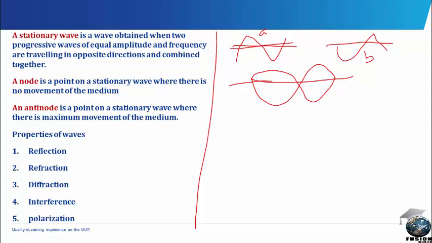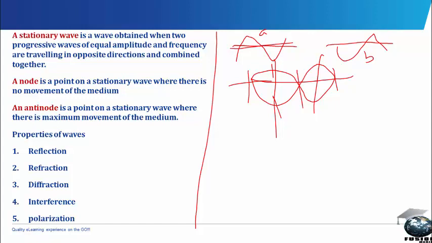A node is a point on a stationary wave where there is no movement. This is a node, this is a node, this is a node, at the point where there is no movement. An antinode is a point on a stationary wave where there is maximum movement. This is an antinode, an antinode, an antinode.